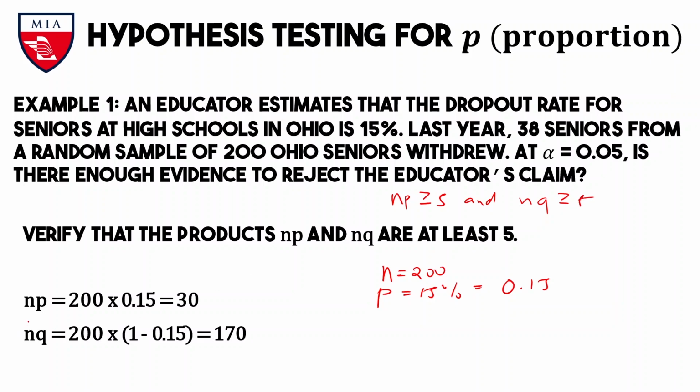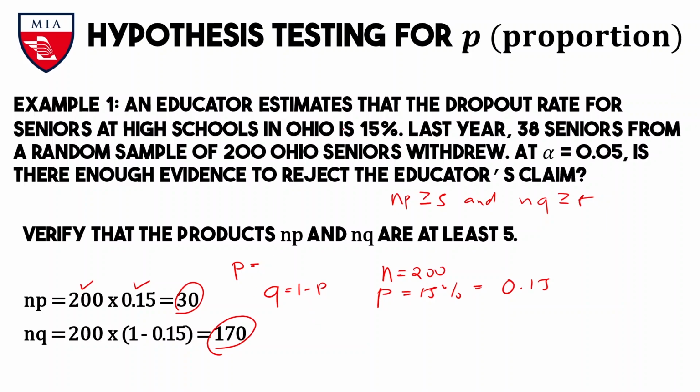So 200 multiplied by 0.15 gives us 30. Then 200 multiplied by 1 minus 0.15, because Q is equal to 1 minus P, gives us 170. So we have proven that we can use the formula given earlier.